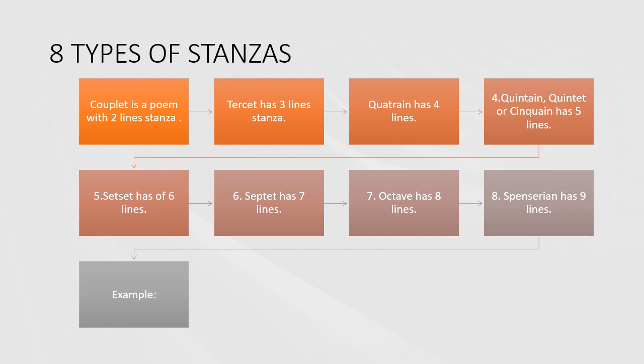Sestet consists of 6 lines. Septet has 7 lines. Octave has 8 lines. And Spenserian has 9 lines. The 8 types of stanzas are couplet, tercet, quatrain, quintain, sestet, septet, octave, and Spenserian.